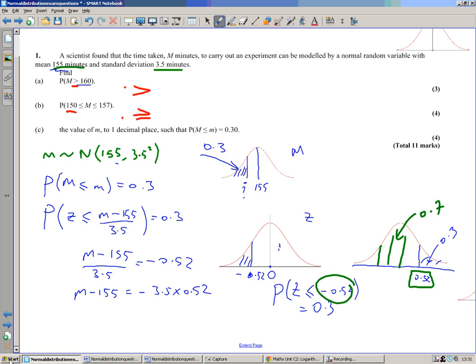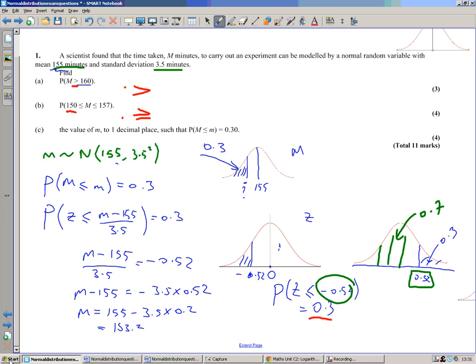And that gives me m equals 155 minus 3.5 times 0.52, which is equal to 153.2.